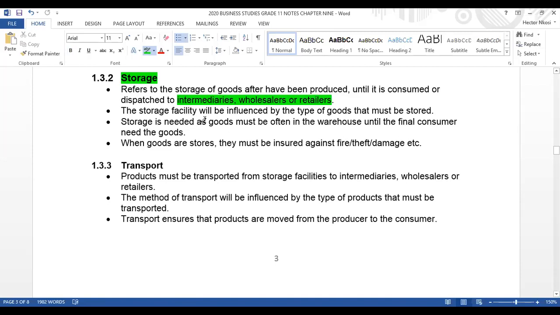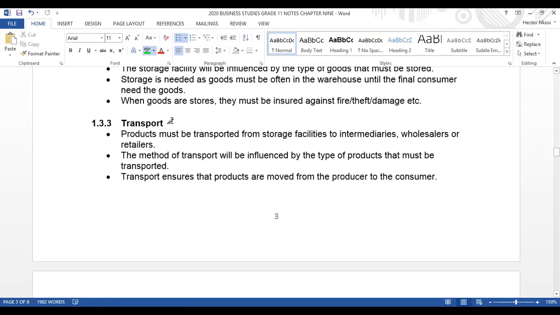The storage facility will be influenced by the type of goods that must be stored. The storage is needed as goods must often be in the warehouse until the final consumer needs them. When goods are stored at stores, they must be insured against fire, theft, damage, etc. So you must always insure your goods once they're under storage.